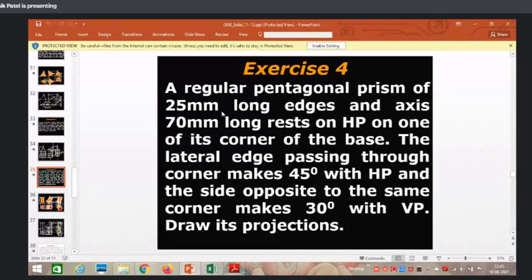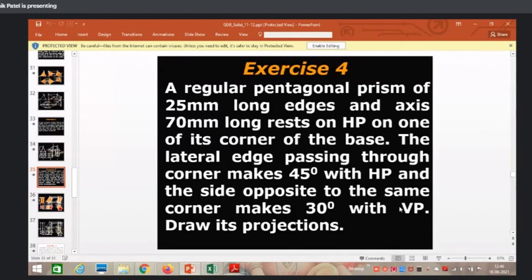A regular pentagonal prism, 25 mm long edges, axis 70 mm long, rests on the vertical plane on one of its corners of the base. The lateral edge passing through the corner makes 45 degrees with the vertical plane, and the sides opposite to the same corner make 30 degrees with the HP plane. Draw the projections.